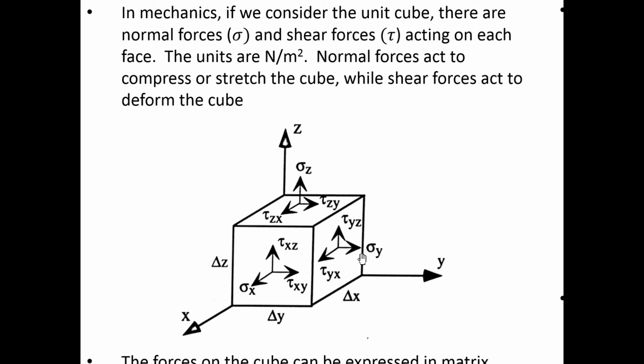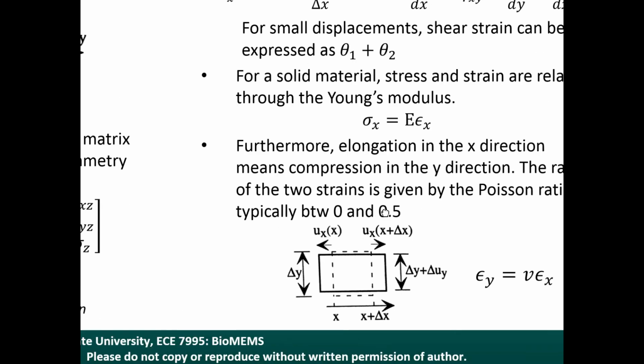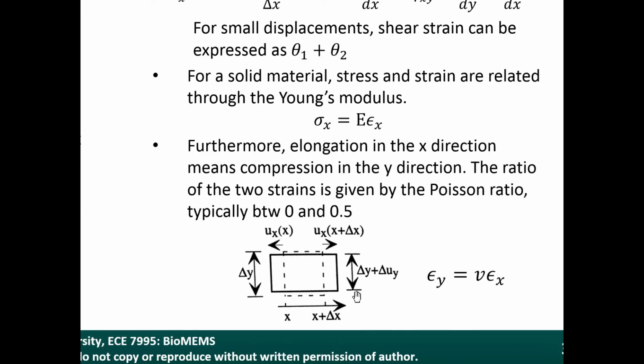So that's given by sigma x, sigma y, sigma z. The normal forces would cause the object to compress or decompress. If it got squashed in one direction, for example, or if it was getting decompressed in one direction.